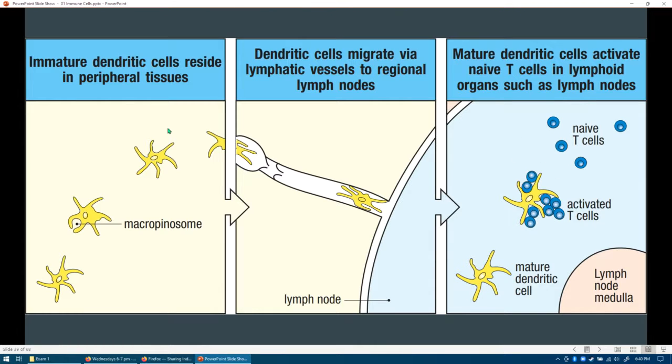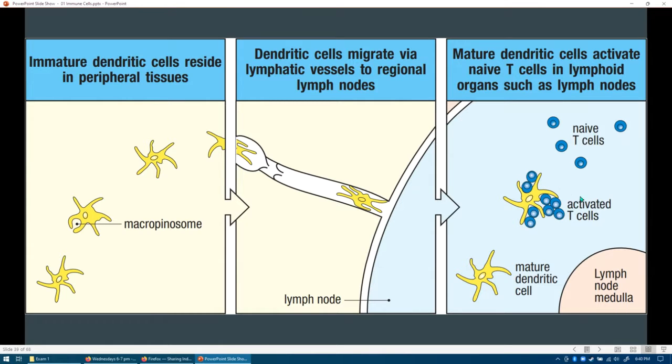So they're going to enter the lymph node from the tissue, and in the lymph node, they're going to browse the selection of T cells that are present there. They're hoping to find a T cell that they can activate. The naive T cells encounter their antigen on the surface of the dendritic cell, and that causes them to become activated.